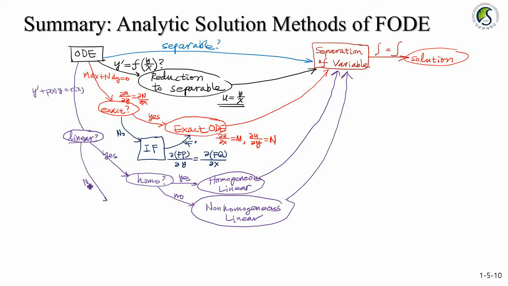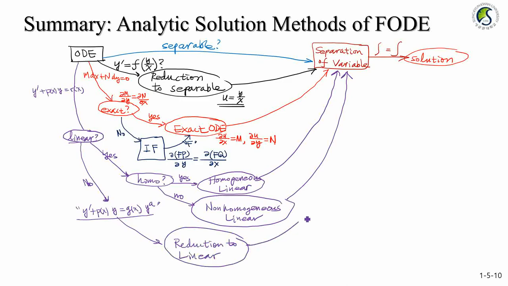And there's not much we can solve for the nonlinear case, but in certain cases, like the Bernoulli equation, which looks like y prime plus p of x times y equals g of x times y to the a, particularly in this type, we can reduce it to a linear equation, a reduction to linear.